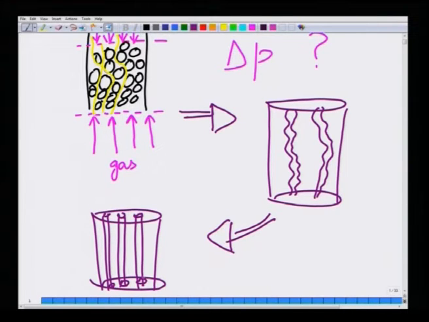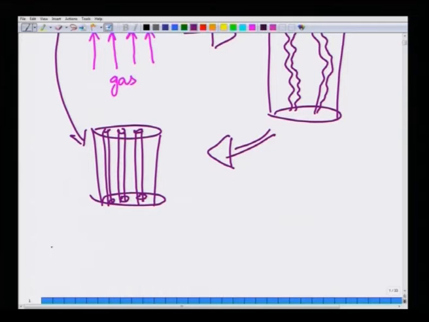But the key thing that we are going to match from reality to the model is that the effective surface area, the surface area per unit volume, is the same in model and reality.